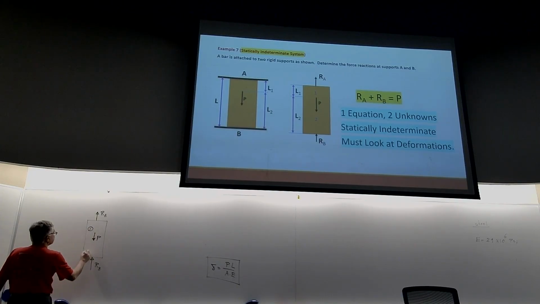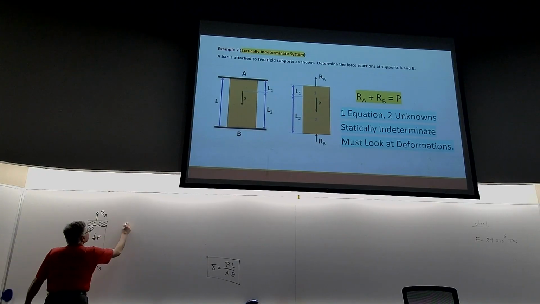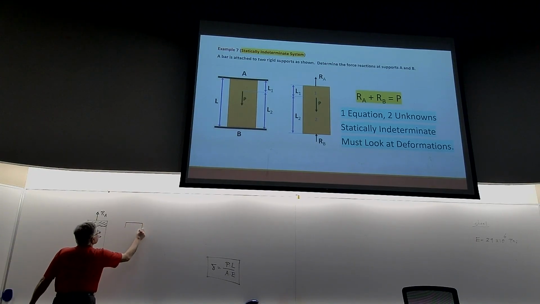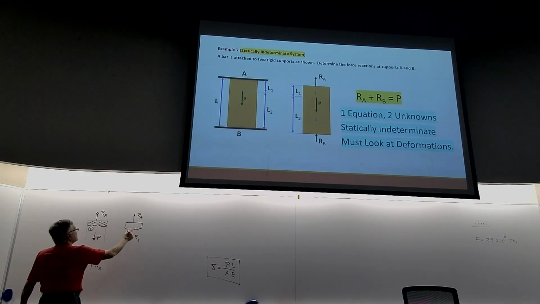One, this is two. Cut, free body diagram. So if this is RA, we must have the same force here in the opposite direction in order to have equilibrium.